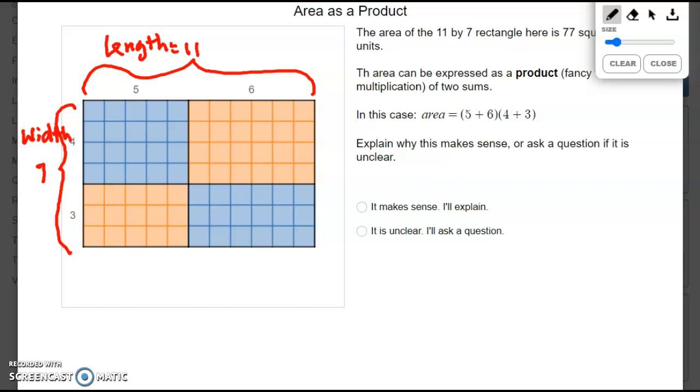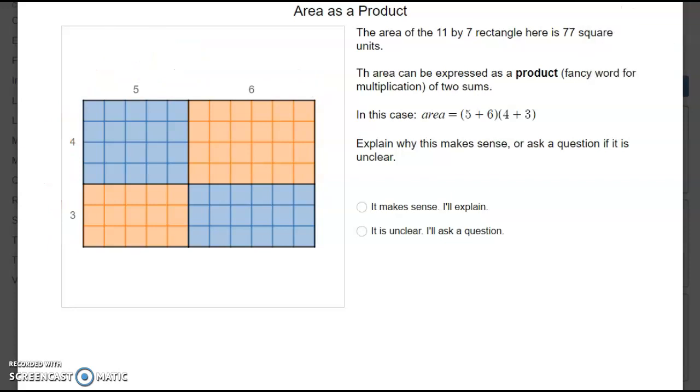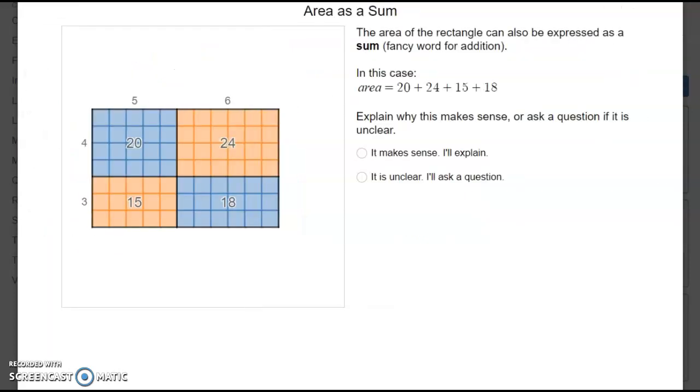Okay, so it makes sense that the big area is going to be length times width, and length is not just 11, but it can be broken as 5 and 6. So it's 5 plus 6, and the width can be represented as 4 plus 3. Okay, and the area of the rectangle can also be expressed as the sum, or fancy word for addition.